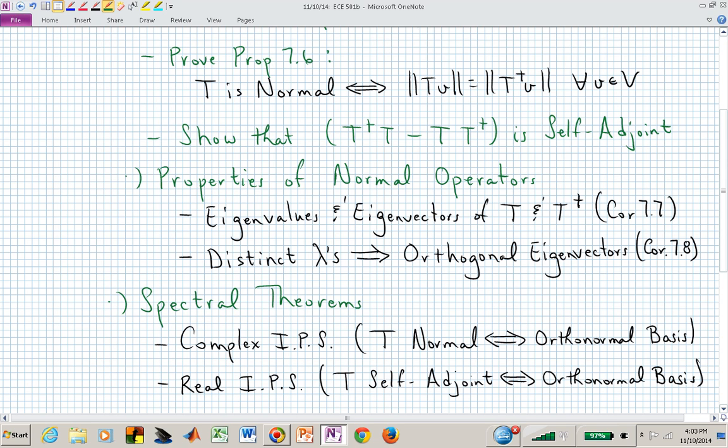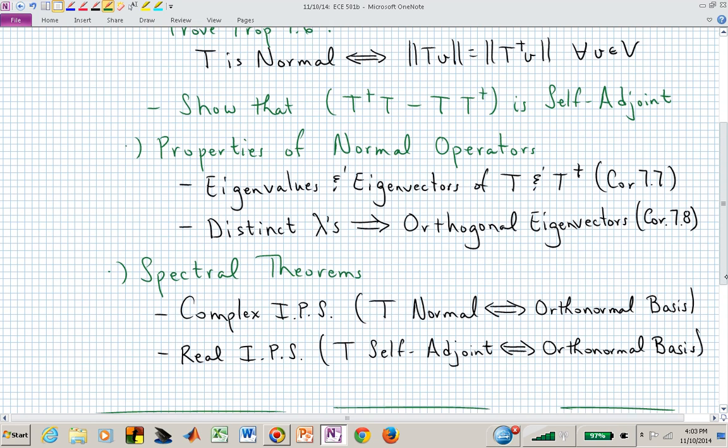Then we will look at distinct eigenvalues, again for normal operators, and we'll see that if you have distinct eigenvalues, those correspond to orthogonal eigenvectors for a normal operator. Again, that's all under this heading of the operator T being normal.